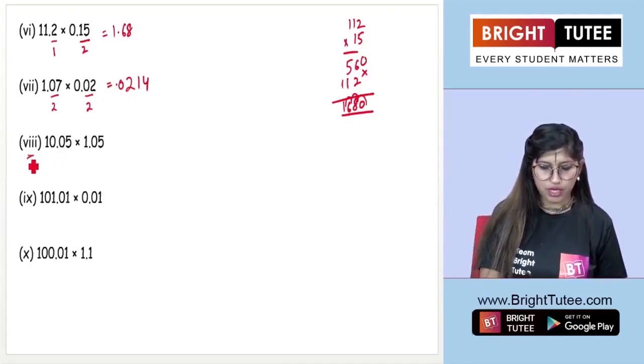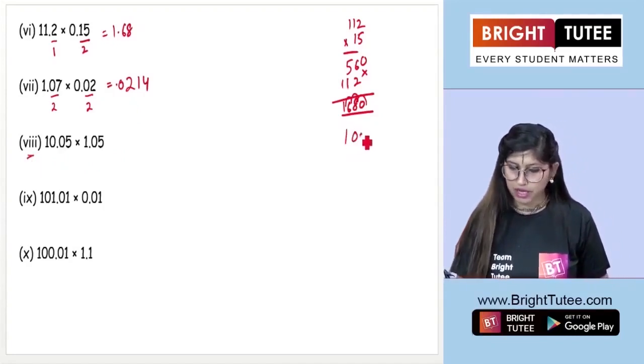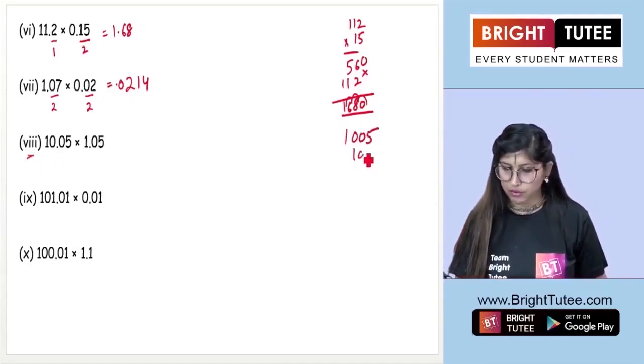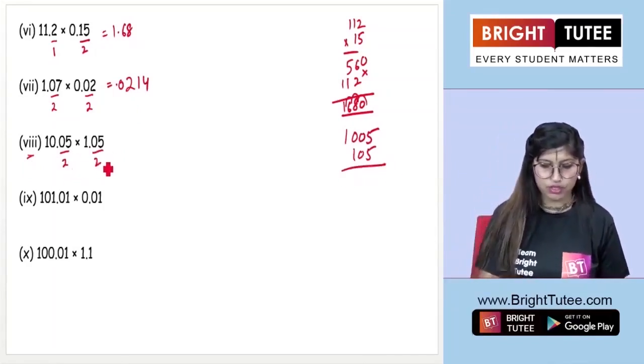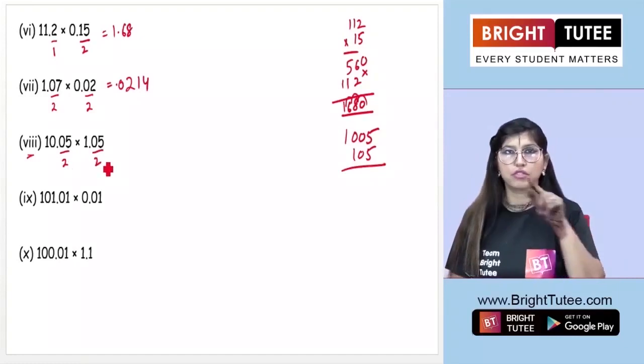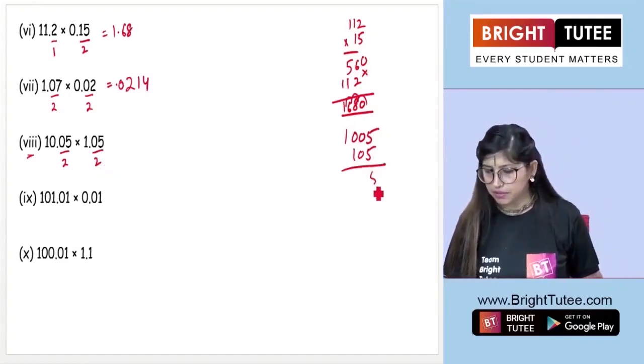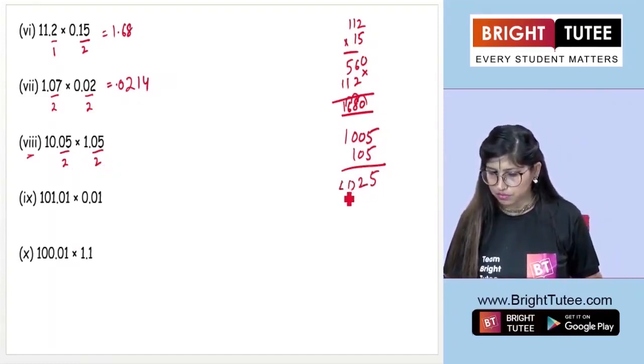Okay, so let's move on to the 8th part. So we're multiplying 1005 and 105. And we have 2 places and 2 places here. So again, 4 places to the left. Let's multiply these two first. Now we'll take here 0, 0, 0, 0, then here 5, 0, 0, 1.